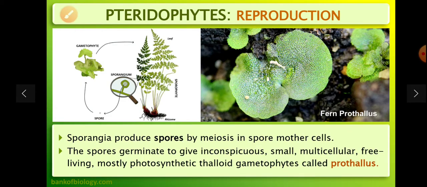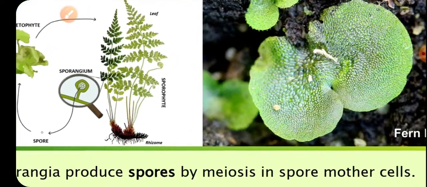Sporangia produce spores by meiosis in the spore mother cell. The spore mother cell is the first cell, and after that the daughter cells will be formed. The spore germinates to give an inconspicuous, small, multicellular, free-living, mostly photosynthetic thalloid gametophyte called the prothallus.